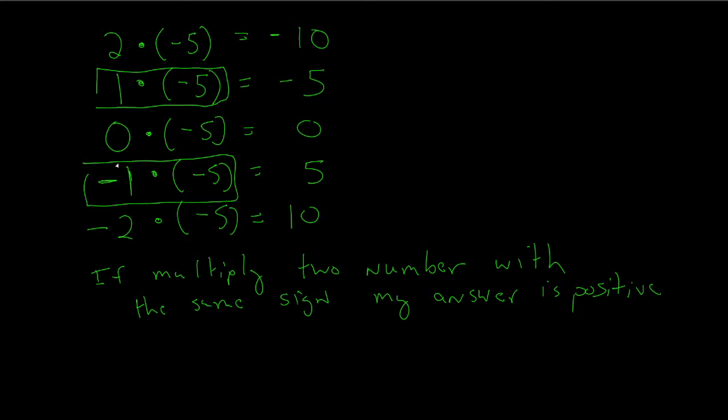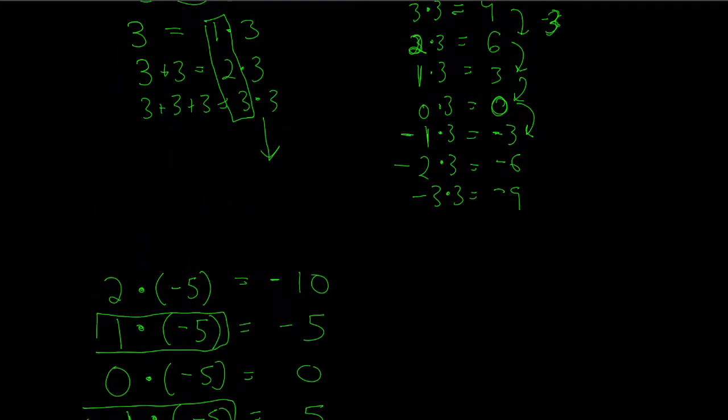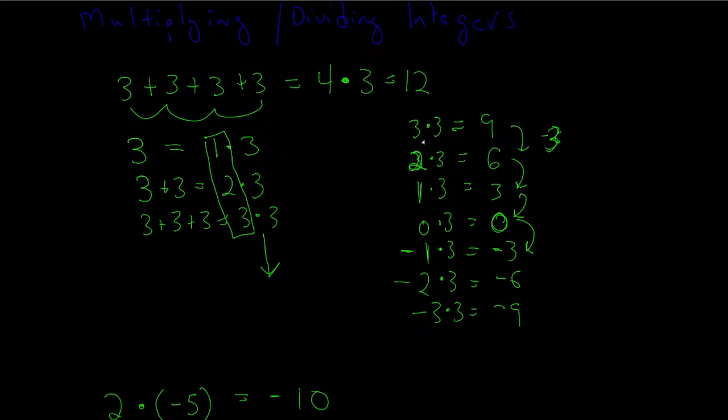Here I had two numbers with the same sign, I got a positive answer. Scroll back up here. I had two numbers with the same sign, I got a positive answer.